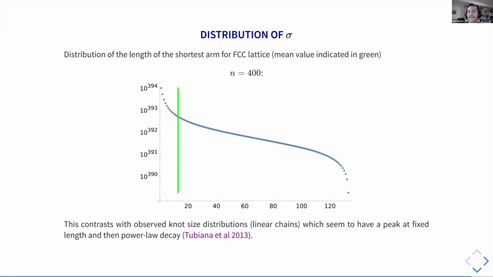Chris, can I answer DeWitt's question? Yes, please. If it's a fixed graph, we know that on the square or simple cubic lattice, the growth rate for a fixed graph is the same as for walks.